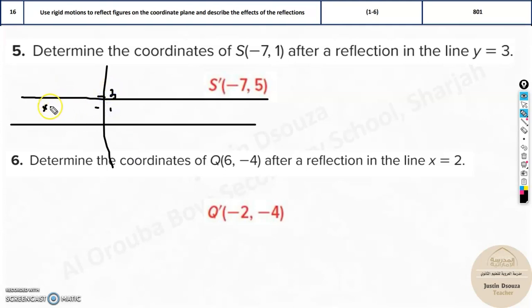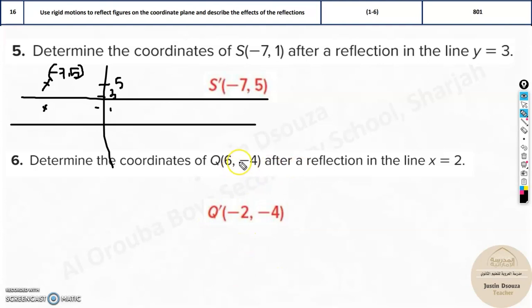What is going to happen when you're reflecting along this line? The x value will stay, and it'll be somewhere over here. So how much is the unit difference? 2 units up, that'll be 5, so it'll be -7 comma 5. That's it. So that is the answer.